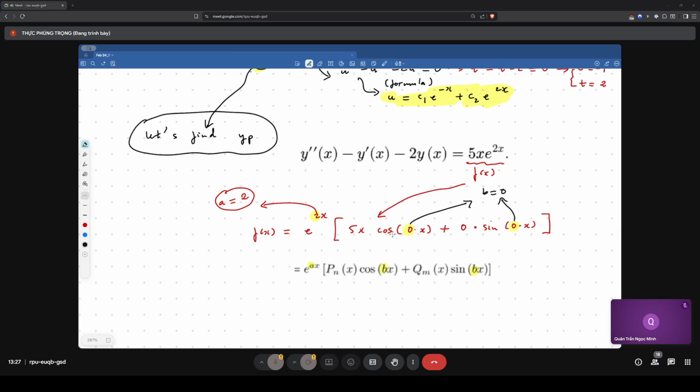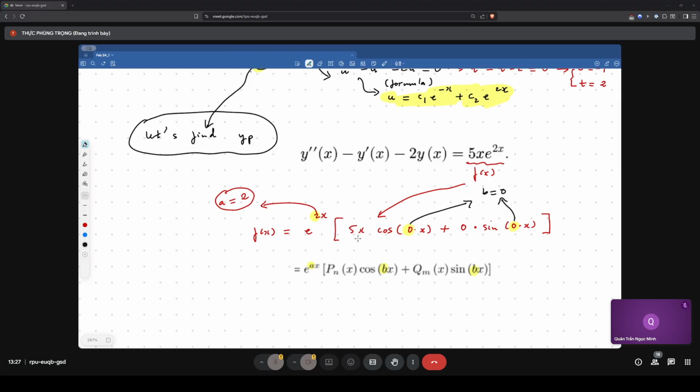The rule is very simple. If you see no trigonometric function in f, b must be 0. Like in our question, we see no sine or cosine, so we have b equals 0.